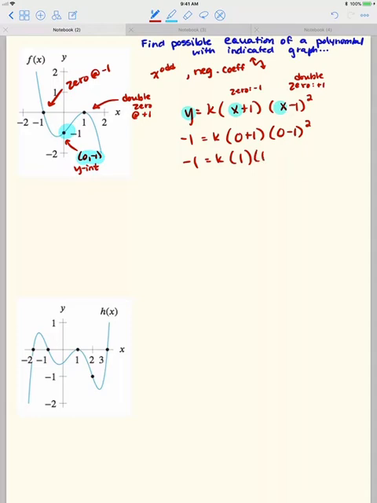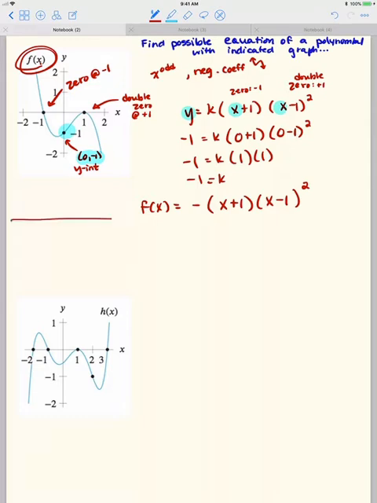So that leaves me with -1 squared is 1, constant is -1. So the possible function here, I'll do f of x, since it's on the graph, is negative x plus 1 times x minus 1 quantity squared. That's for that problem.